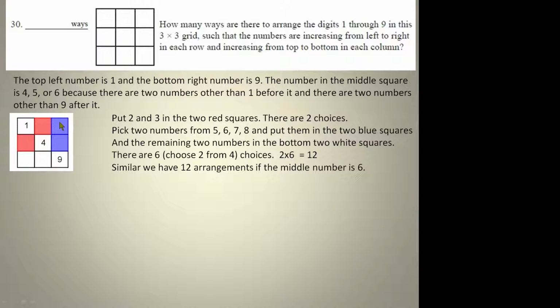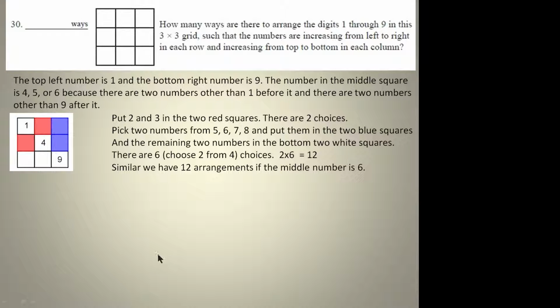You choose 2 to put here, the smaller will be here, the bigger one here, and the remaining 2 will be here in the correct order. So choose 2 from those 4, which is 6. 6 ways to fill in those 4 squares. So you multiply 2 with 6, which is 12. So if the middle square is 4, you have 12 arrangements.